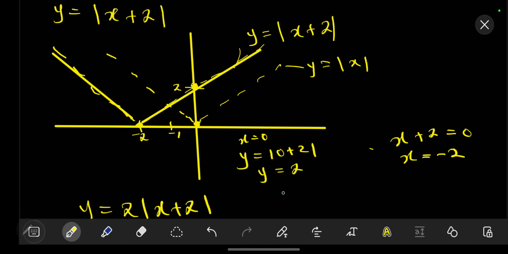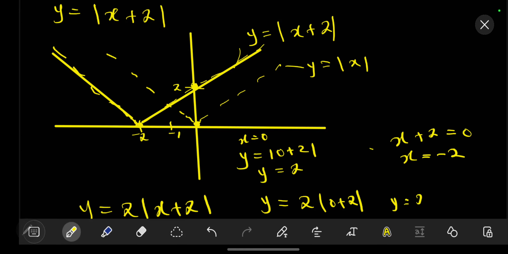So for example, all we are going to determine is the y-intercept. So originally the y-intercept was at 2. So now what is our y-intercept if we have a 2 outside? So we are going to have y should be equal to 2. For the y-intercept, we said that x is equal to 0. So we have 0 plus a 2.